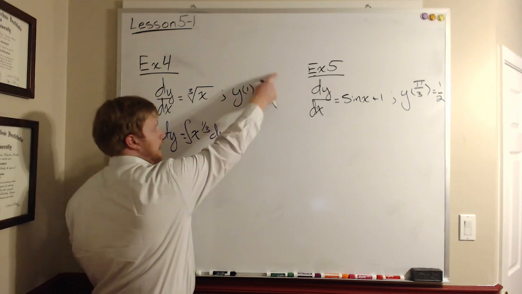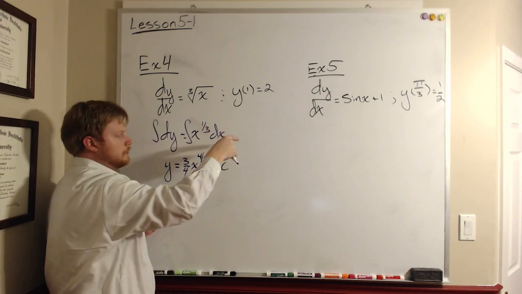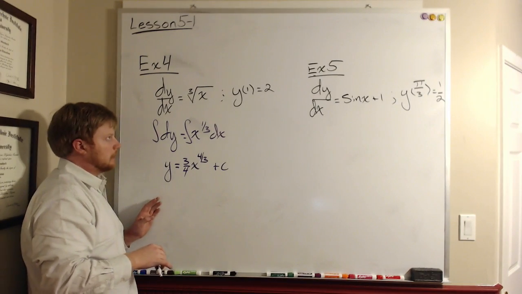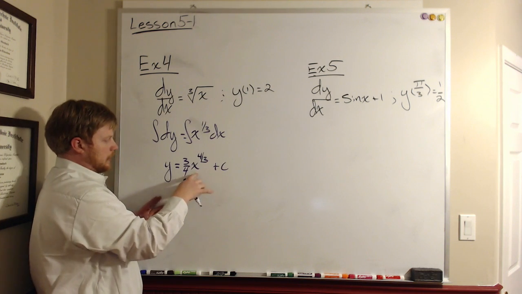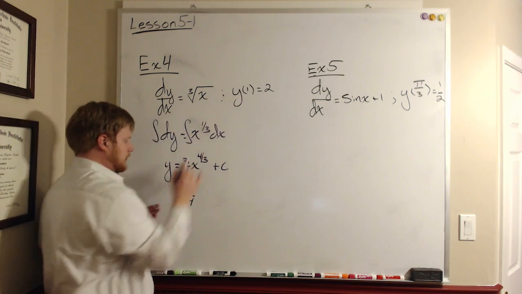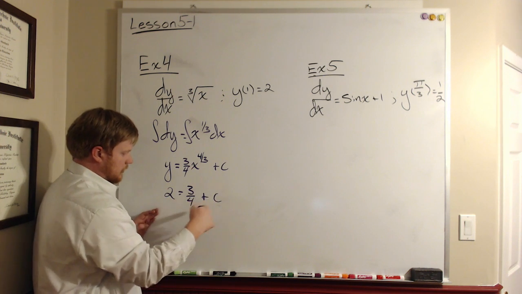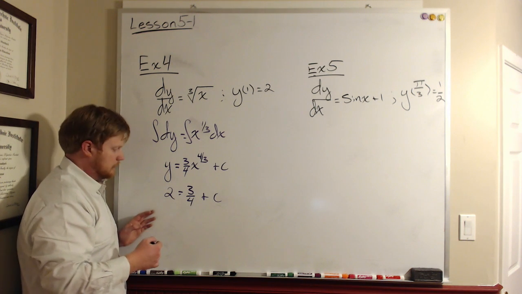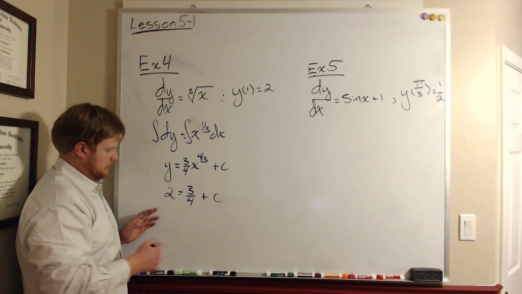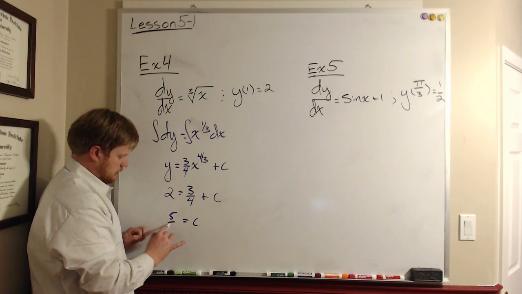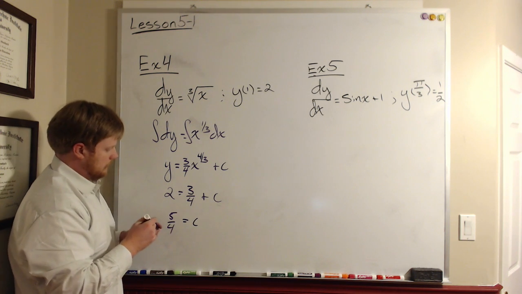Now, I have this initial value that I can use to solve for c. Okay. So when I plug in 1, I get 2. So what did c have to be? Well, c had to be 5/4, right? Okay.